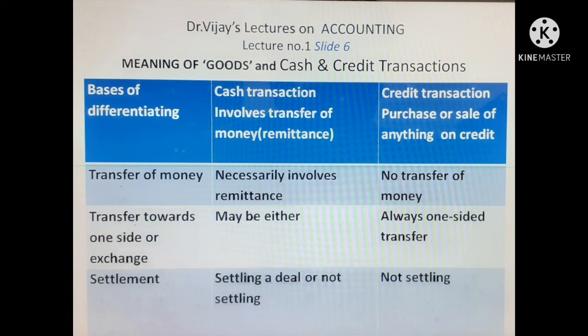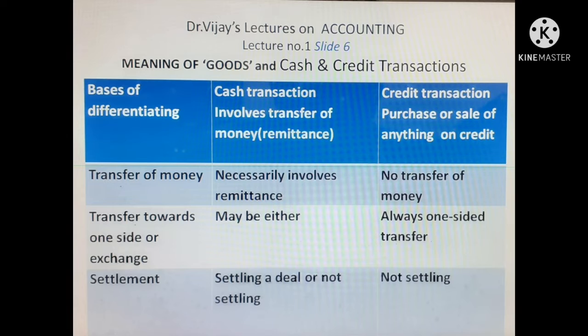On credit means payment is not done currently. Payment will be done only on a future date. Purchase or sale of anything, maybe goods, other assets, whatever, and it is on credit. Payment is not done.